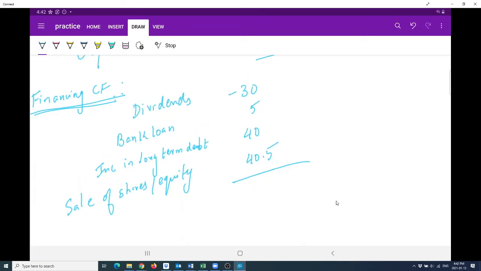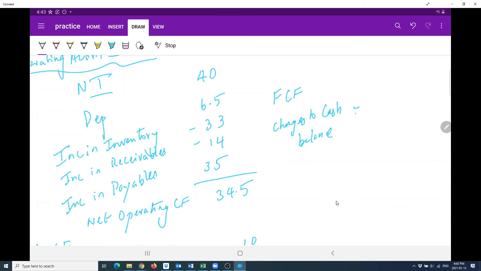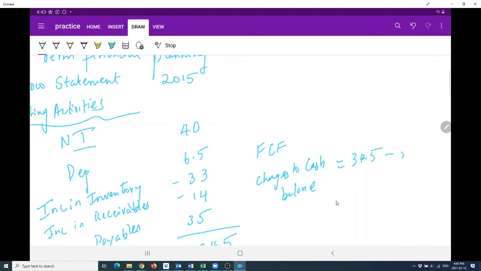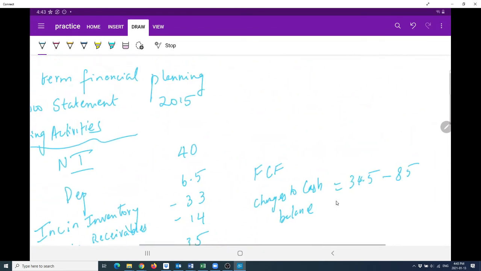So this adds up to what? The overall free cash flow, or what you could call changes to cash balance, is 34.5 minus 85 plus 55.5.